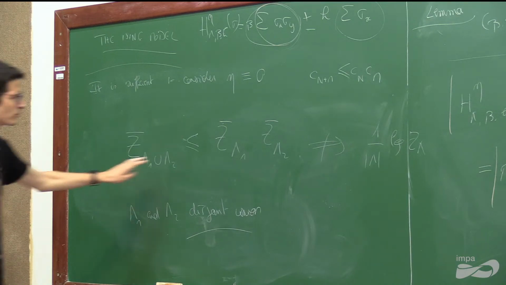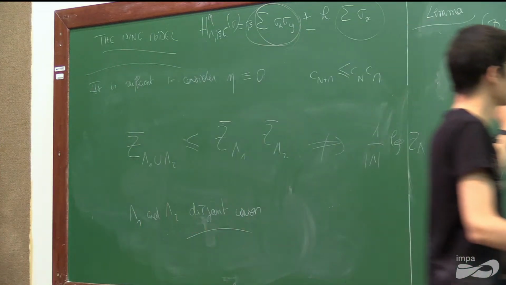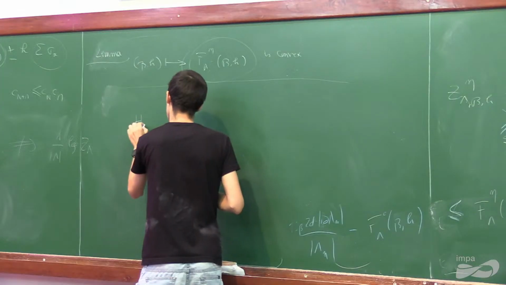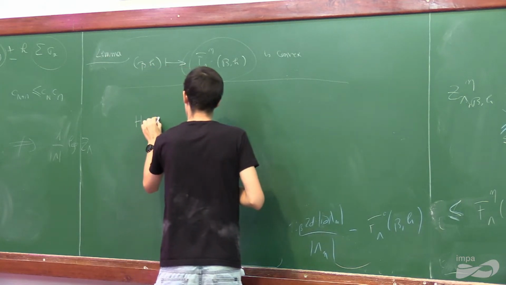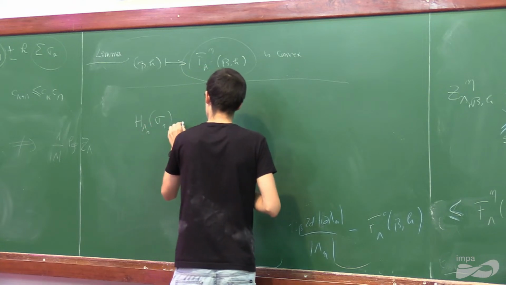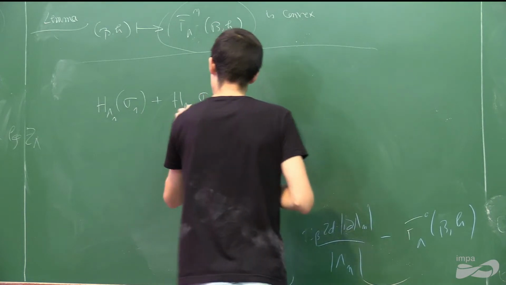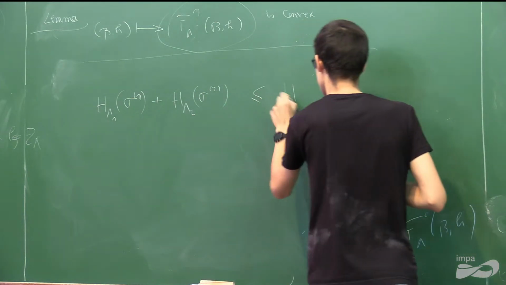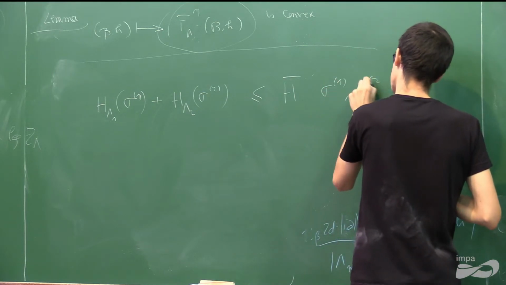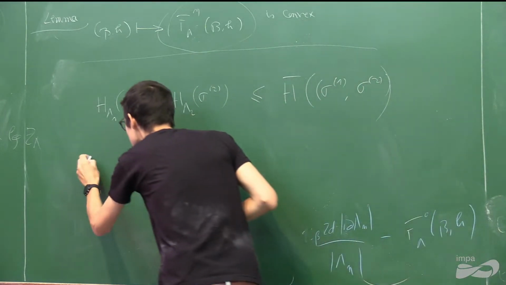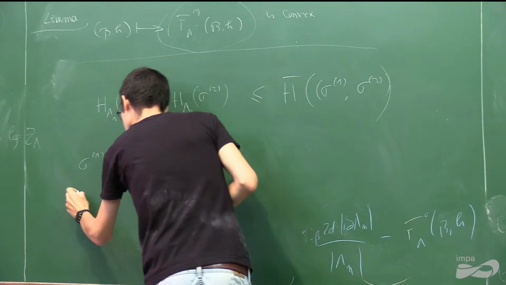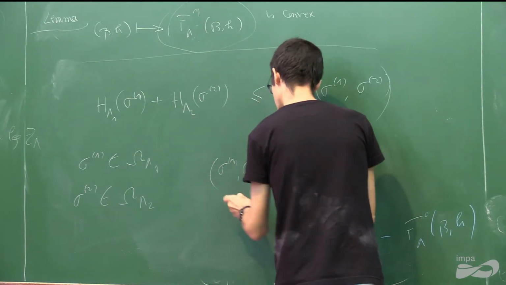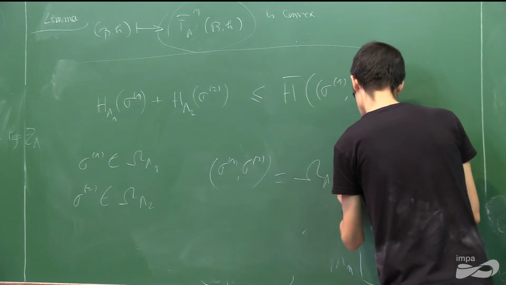What we would like to be true is something like this: we would like H lambda 1 of sigma 1 plus H lambda 2 of sigma 2 to be smaller than H lambda 1 union lambda 2 of sigma 1, sigma 2, where sigma 1 belongs to omega lambda 1, sigma 2 belongs to omega lambda 2, so sigma 1, sigma 2 is just an element of omega lambda 1 union lambda 2.